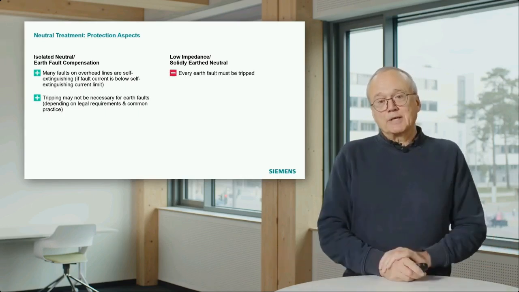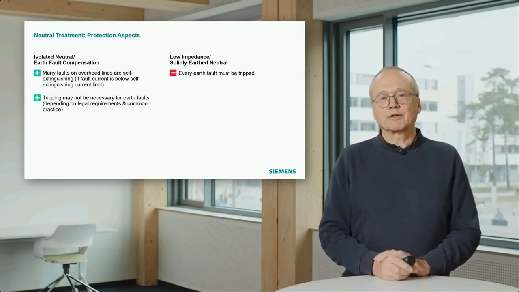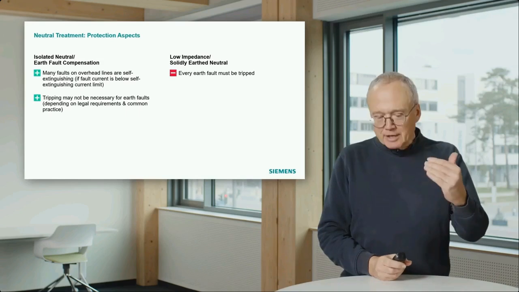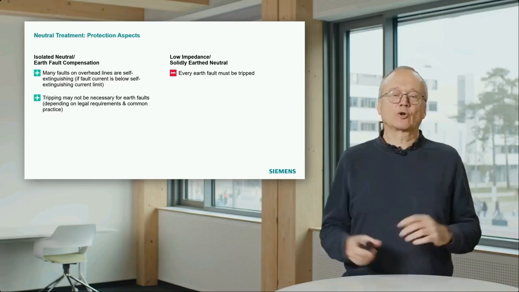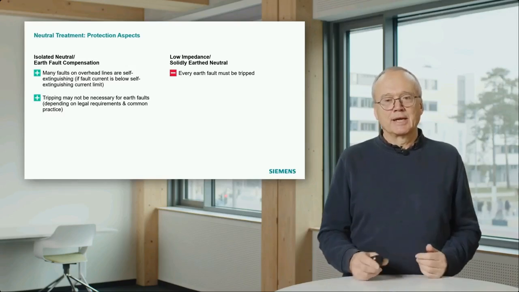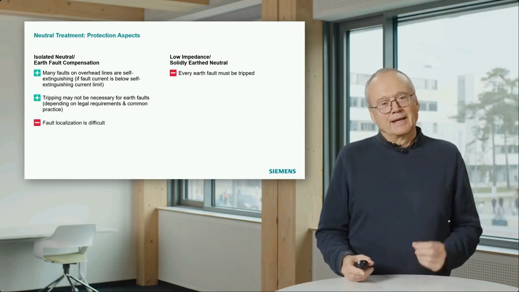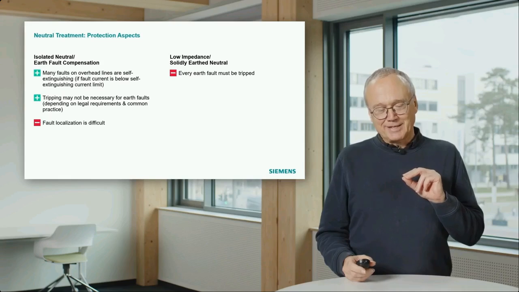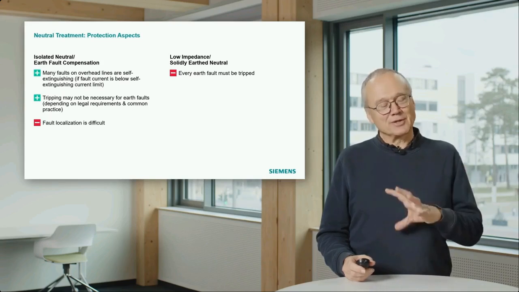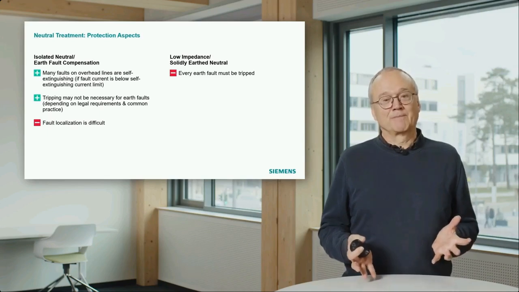If you have low impedance or solid earth systems, clear situation, every fault must be tripped. That means if you have a fault, the line has to be taken out of service. That can cause some interruption in the supply. The disadvantage on the left side is, and that will be the second part of this video, the fault localization.